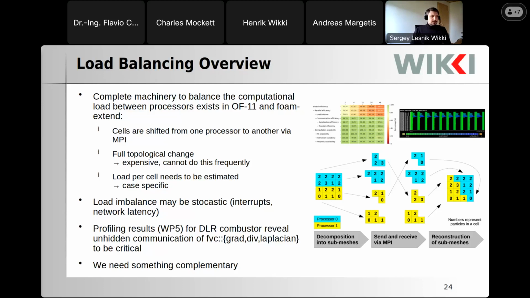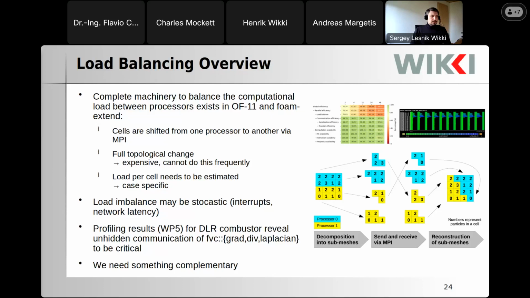And I can name a few more. So it's hard to estimate the load a priori, because you need that to do the shifting. And it may also vary in different sections of the code.